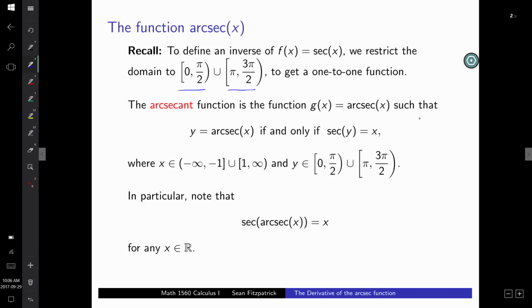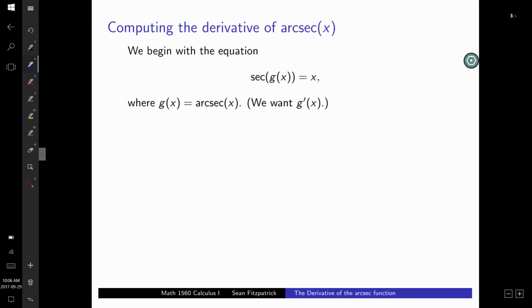And as usual, we have this inverse relationship here: secant of y equals x. Okay, so let's try to take the derivative. Rather than g of x, let's just call it y, where y is the arcsecant function, secant inverse of x. Okay, so secant y equals x, and we're going to take the derivative of both sides.